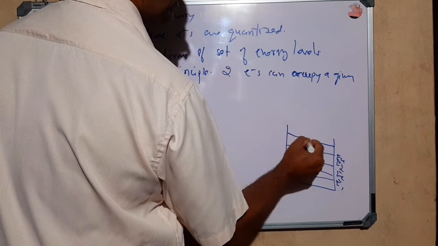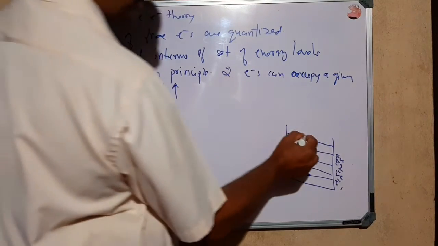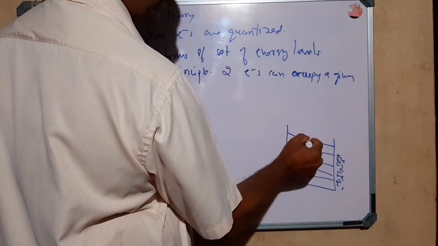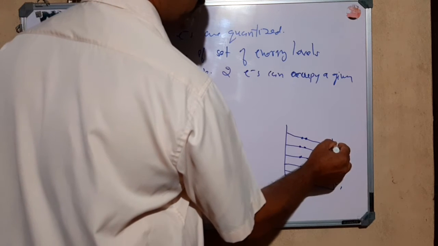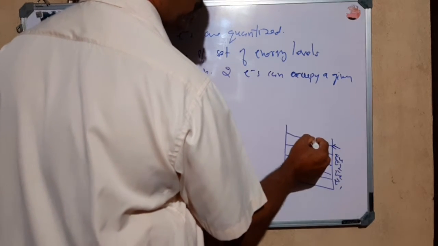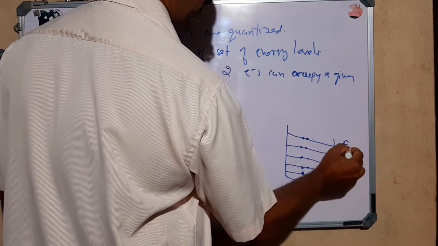Finally, this is the last energy level, this is the maximum energy level, right? This maximum energy level, that is the uppermost filled energy level, is called the Fermi level.